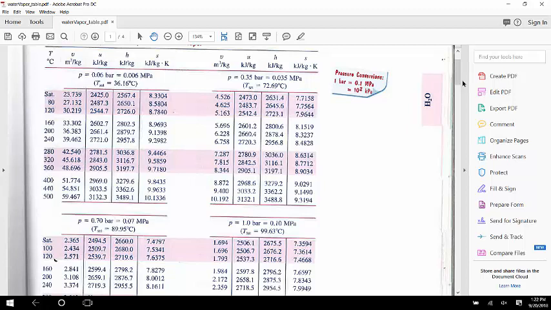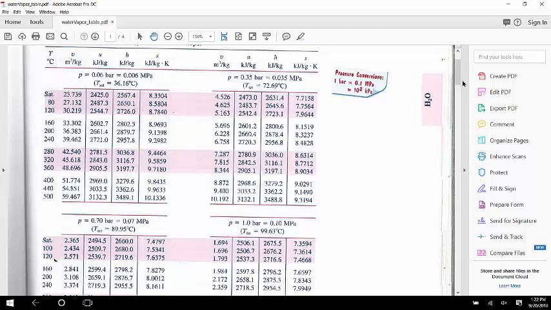Once you find the pressure that you want, it's indexed by temperature. When you're dealing with the liquid tables, it went from some temperature up to the saturation temperature. Now these are vapors, so the starting is the saturation, and then from there it goes up. But you read them all off just the same.